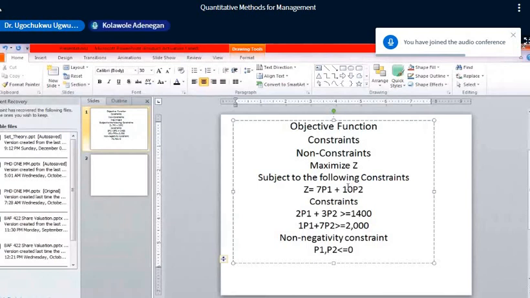Each of these products, product A requires 5 hours of manufacturing and 6 hours of assembling, while B requires 4 hours in manufacturing and 10 hours in assembly.